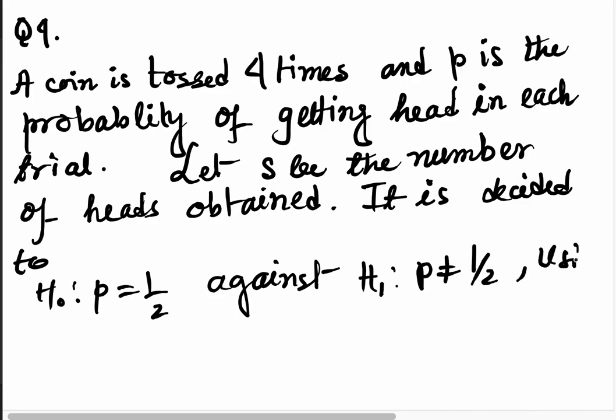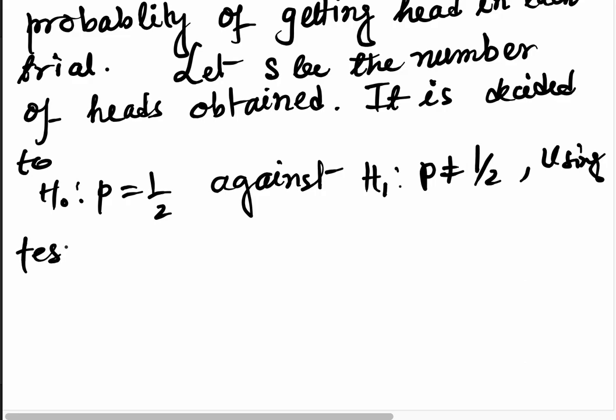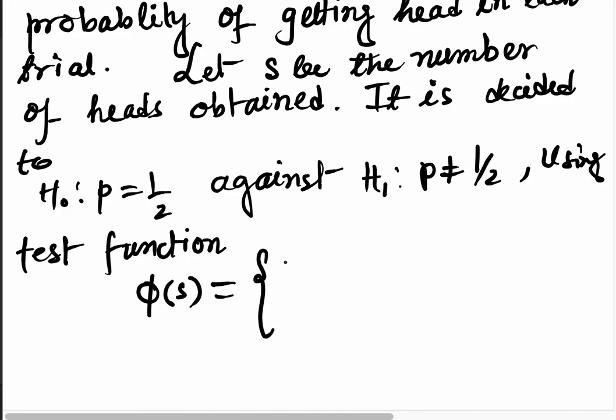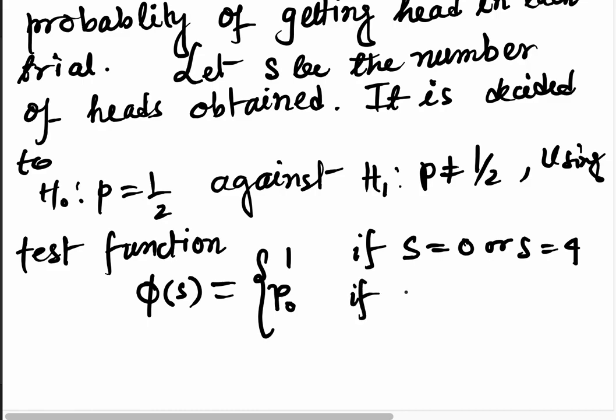Using the test function phi, which is 1, that is, reject the null hypothesis with probability 1 if S is 0 or S is 4, reject the null hypothesis with probability p0 if S is 1 or S is 3, and reject the null hypothesis with probability 0, that means accept the null hypothesis, if S is 2.